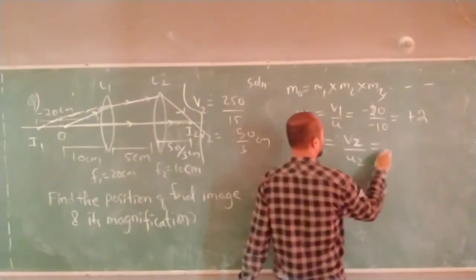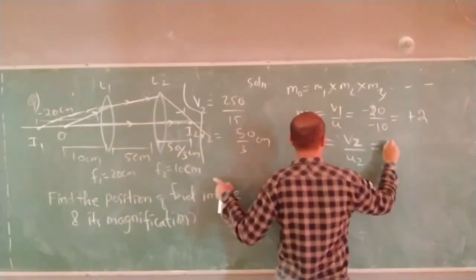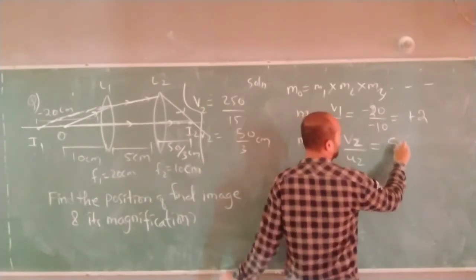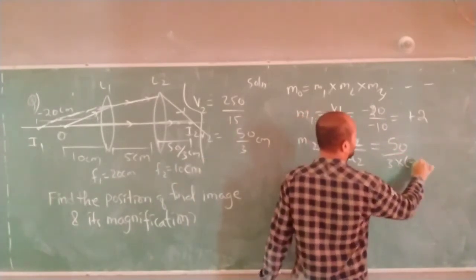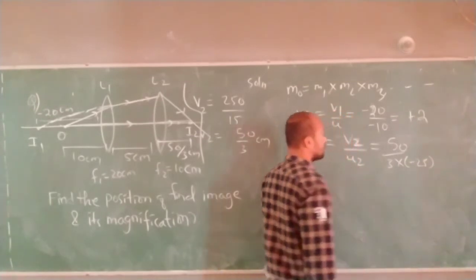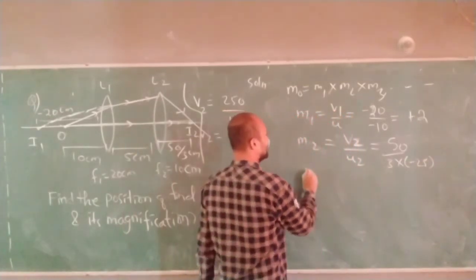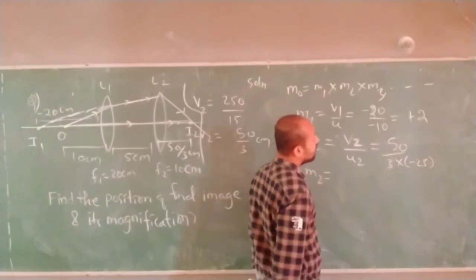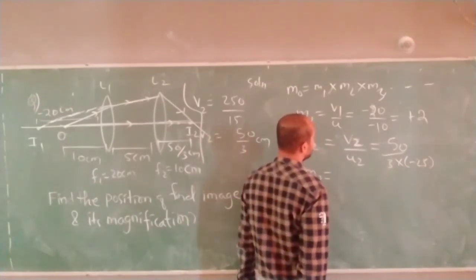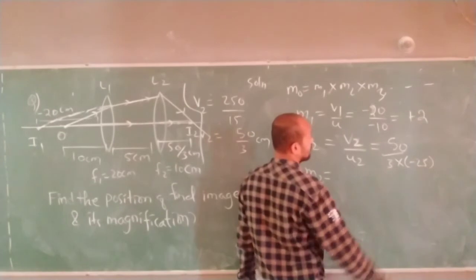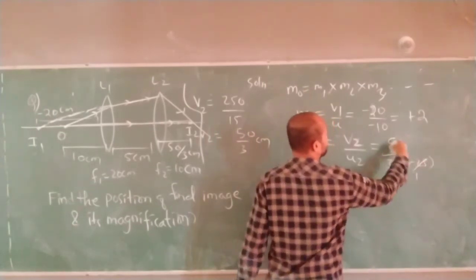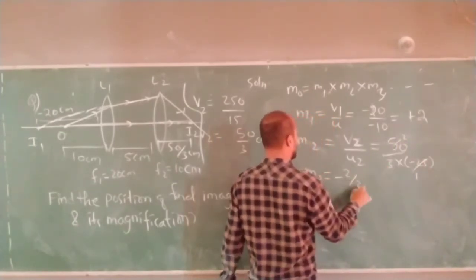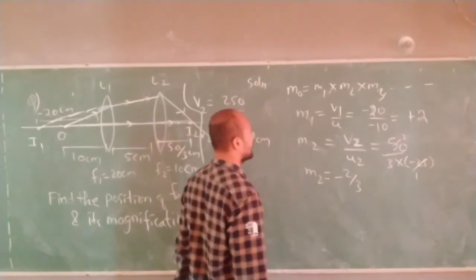So V2 by U2 is 50 by 3 divided by minus 25. You are going to get the value minus 2 by 3. Minus 2 by 3 is the magnification.